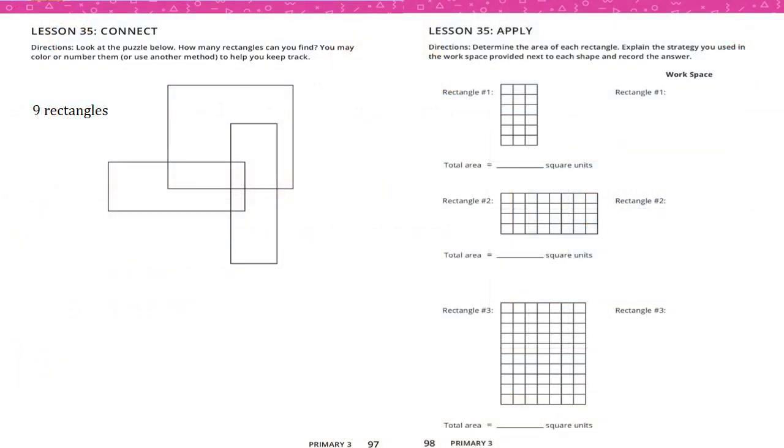Lesson 35. Look at the puzzle below and how many rectangles can you find? How many colors, or number of them? Let's find our rectangles. The first one here in blue, the second in red, third in green here like this.